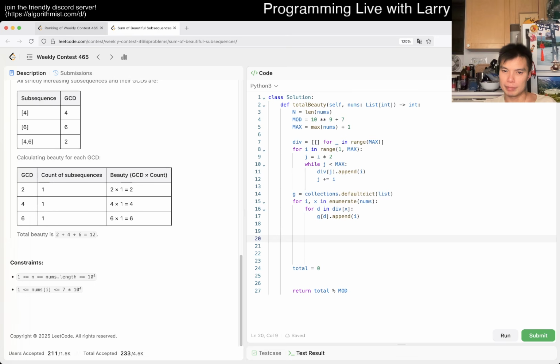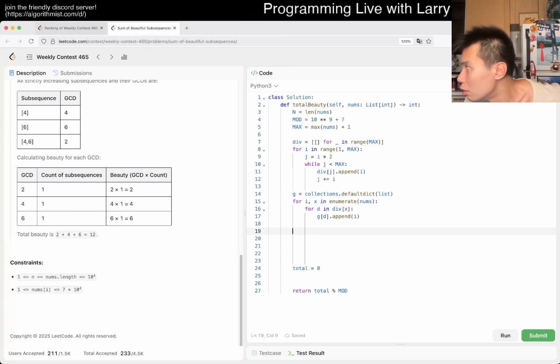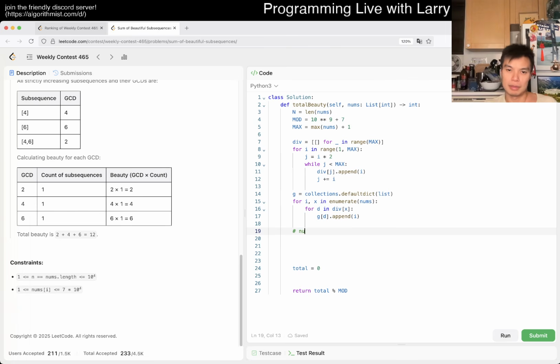Okay, right. And then now we're trying to count the number of subsequences where the GCD is this number.